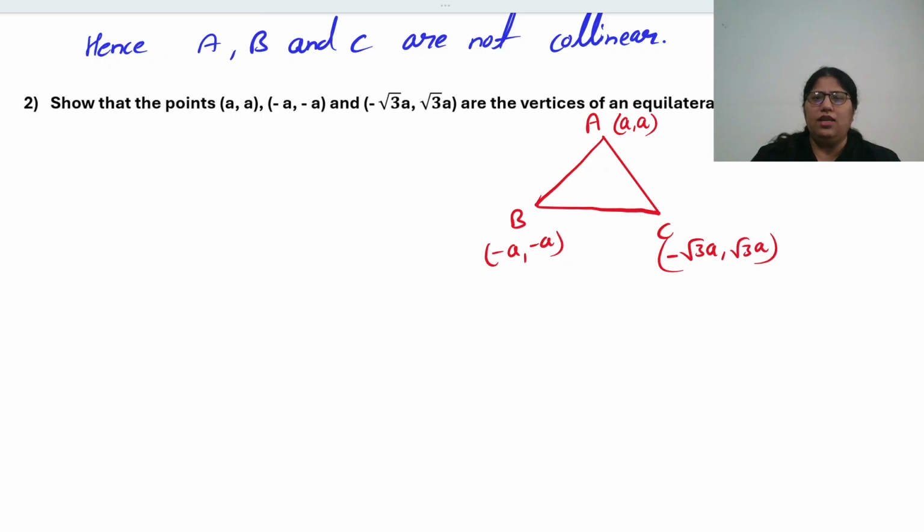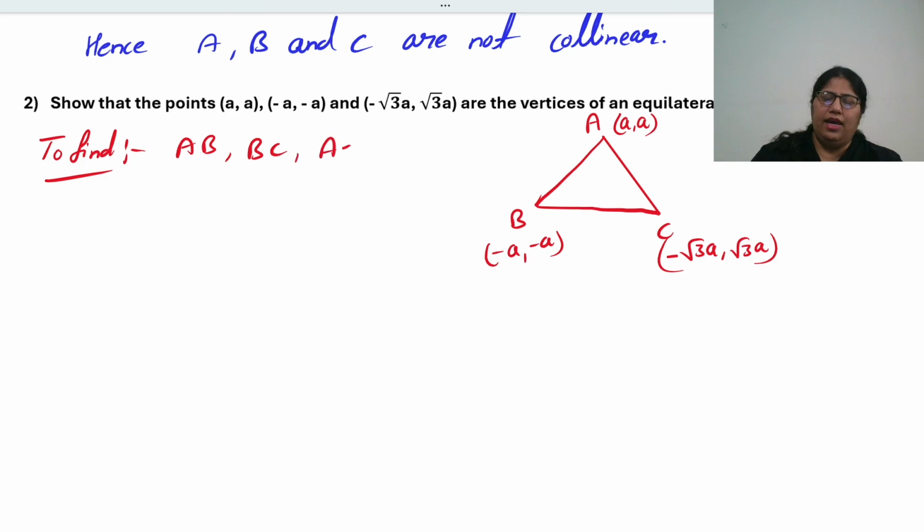Right, so these are the three coordinates. I need to find out the length between these vertices, that is the length of AB and BC and AC, and if all these three lengths are equal, then these vertices represent an equilateral triangle.